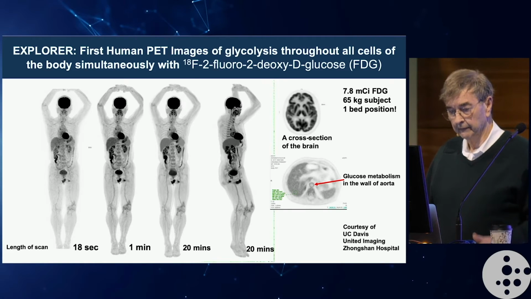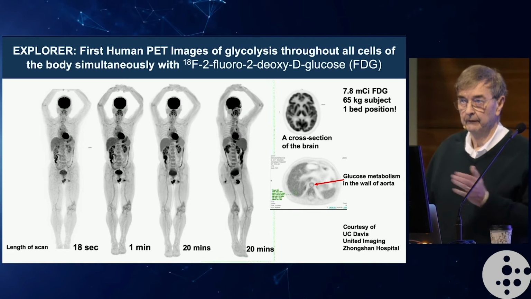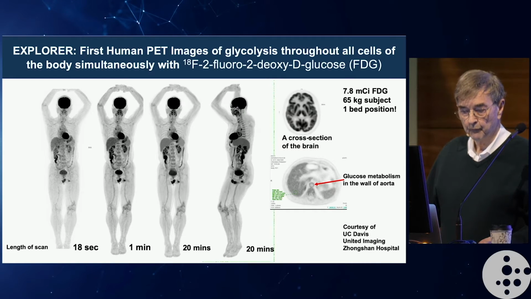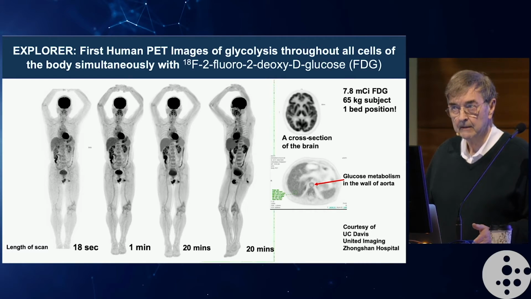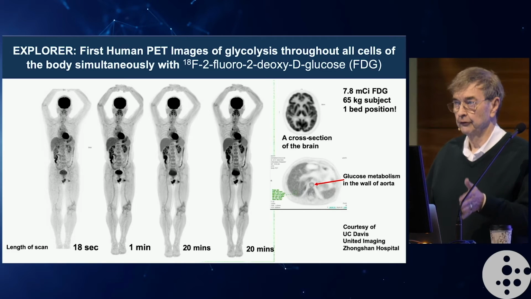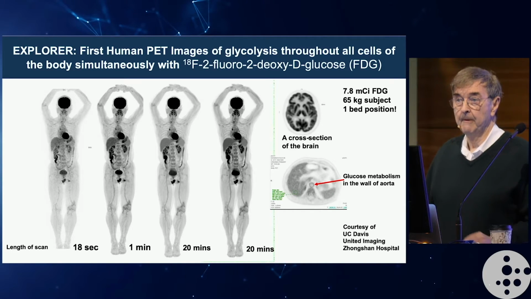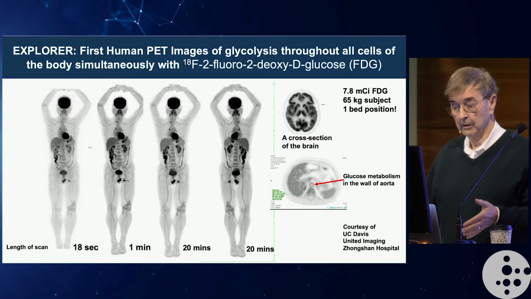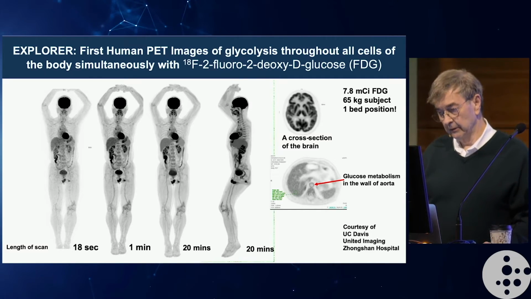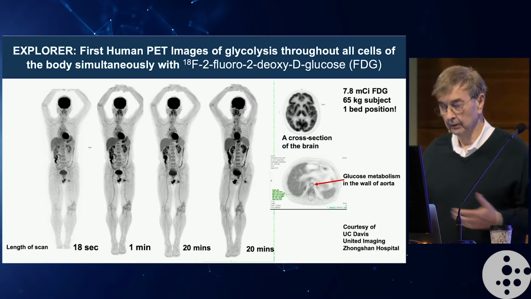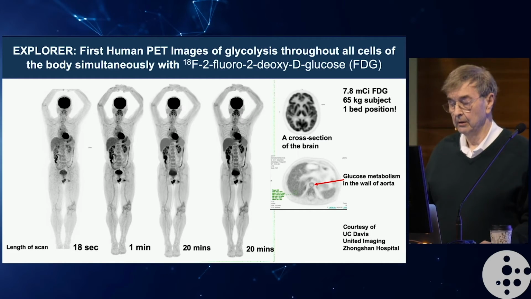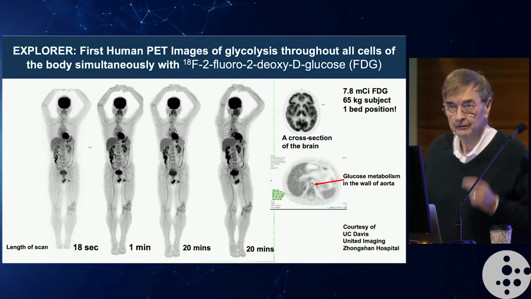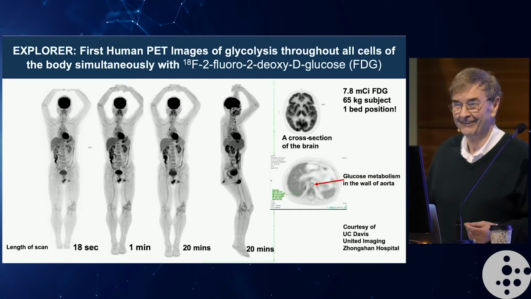But you see to the left, in 18 seconds, they can come very close to that, or in a minute. So they have amazing efficiency and temporal sampling to do the kinetics of biochemistry and biology and pharmacology. At the right, you see a cross-section down to the liver, and you see the aorta, but it's the glucose metabolism of the wall of the aorta.